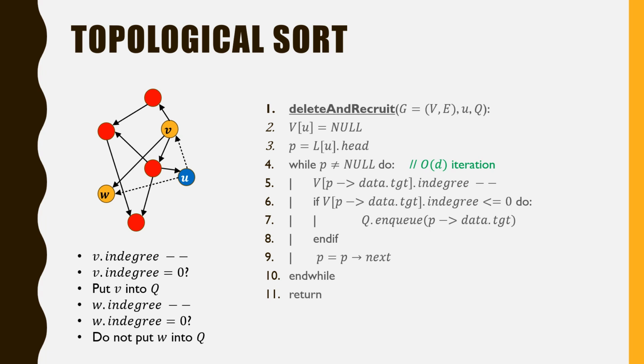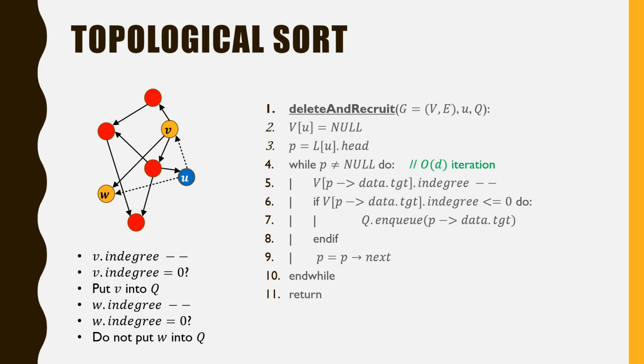For example, consider the graph shown on the left. When deleting the blue node U, we also remove its associated edges, including the two outgoing edges indicated by broken arrows.